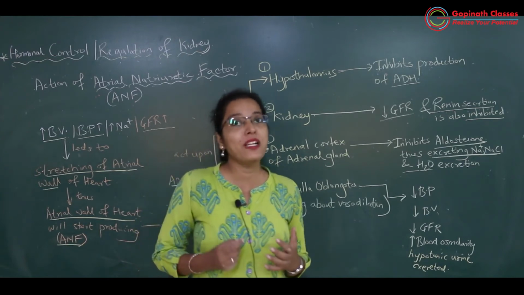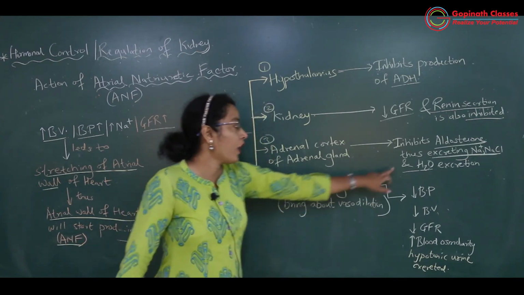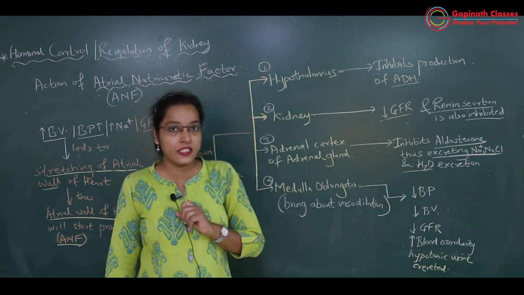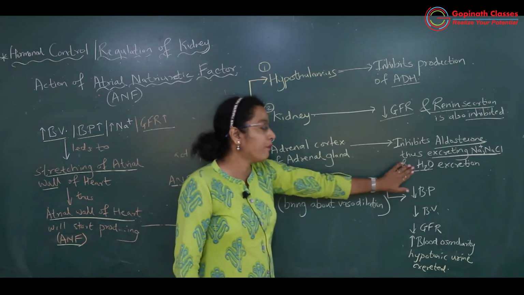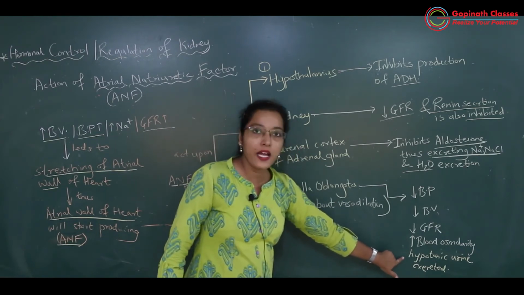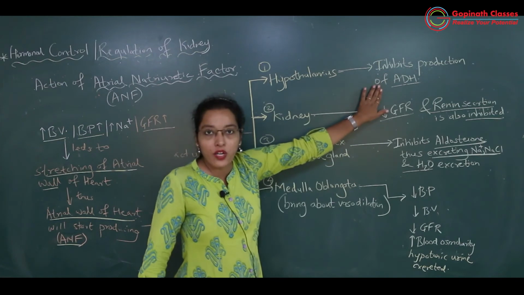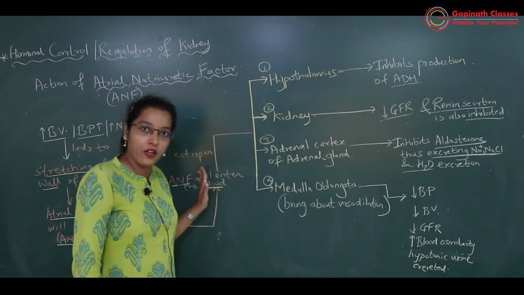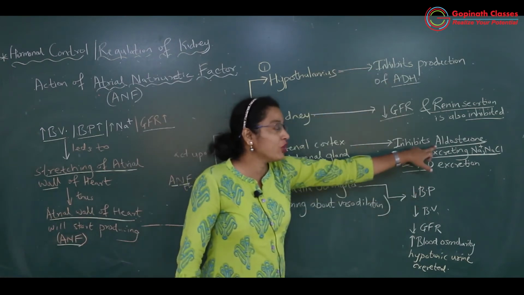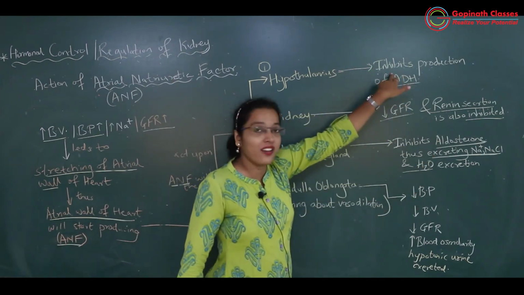So what will happen to the volume of the urine? Water excrete हो रहा है, means volume of the urine will increase, means there will be hypotonic urine excreted out. Hypotonic क्यों बोला है? Because ADH भी inhibit हो रहा है because of activity of ANF as well as there is inhibition of aldosterone. ADH क्या करता है?